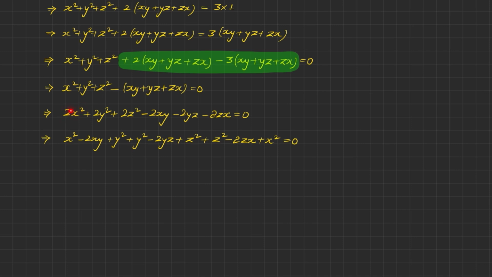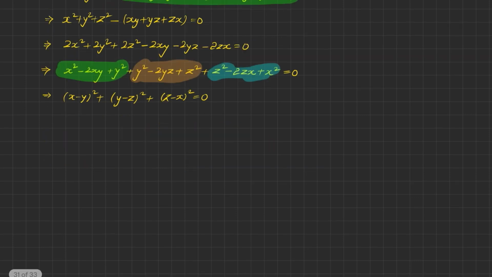So this 2x square is x square plus x square, y square plus y square is 2y square, and z square plus z square is 2z square. Now this particular expression can be written as (x minus y) whole square. Similarly, the next terms can be collectively written as (y minus z) whole square plus (z minus x) whole square equals 0.